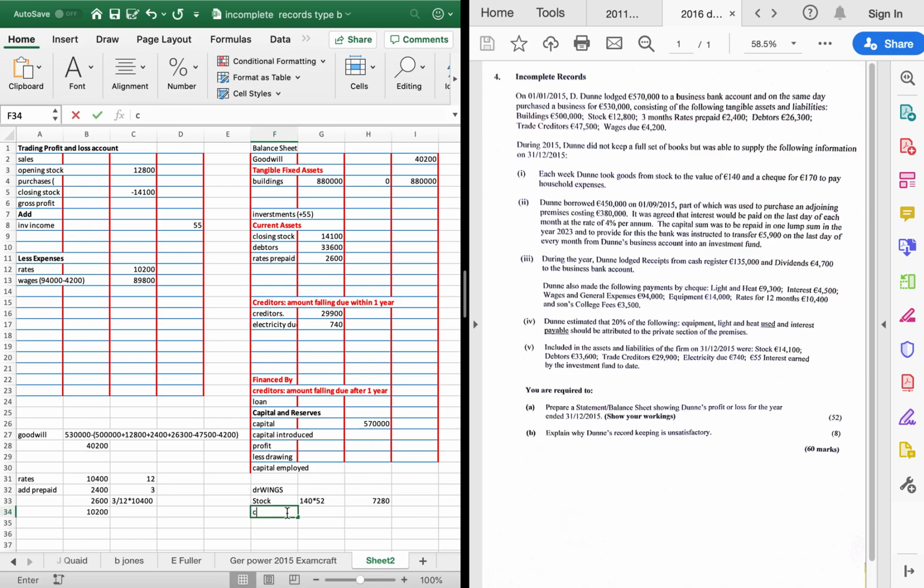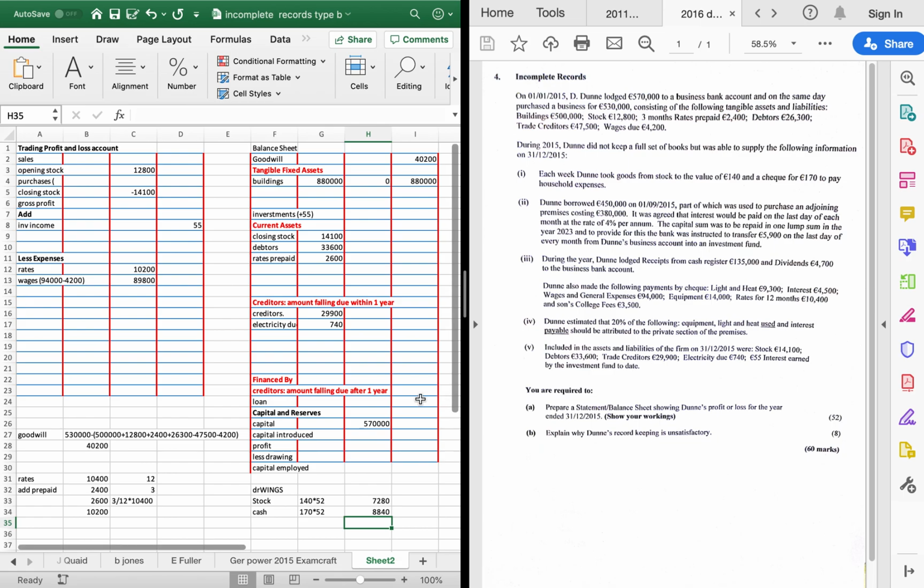And then we've our cash, which he takes 170 a week, which is 8,840.